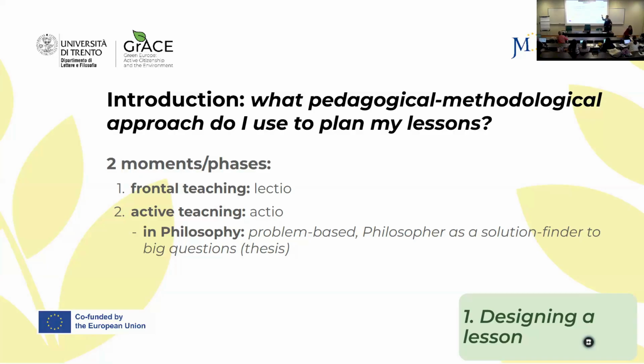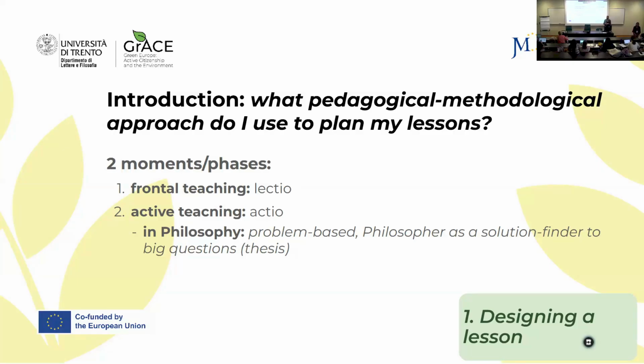The solutions the philosopher gives to the problem posed, I call them theses. I want my students to understand the thought of the philosophers as many theses, many perspectives to reply to the same big questions.